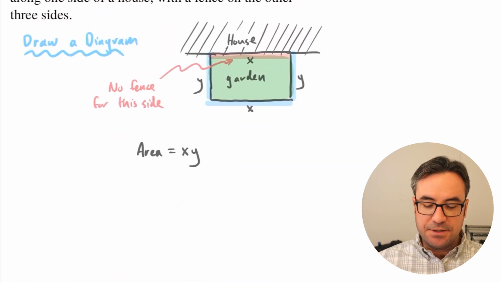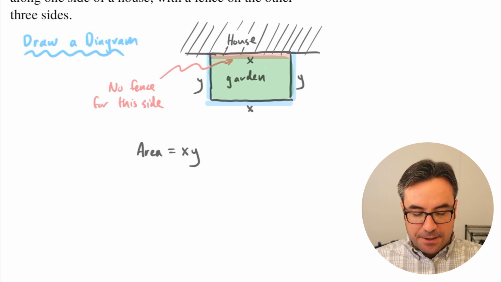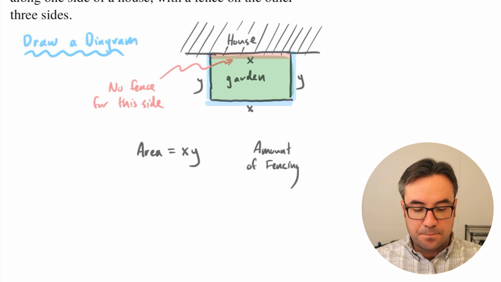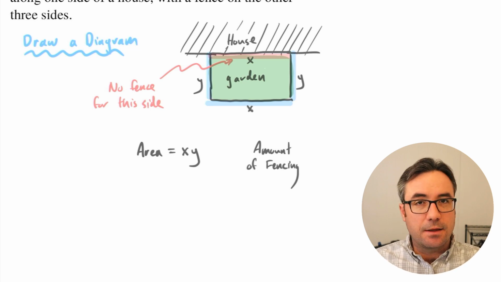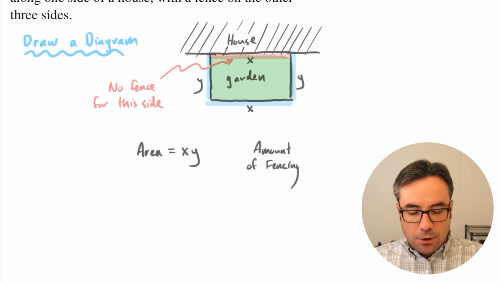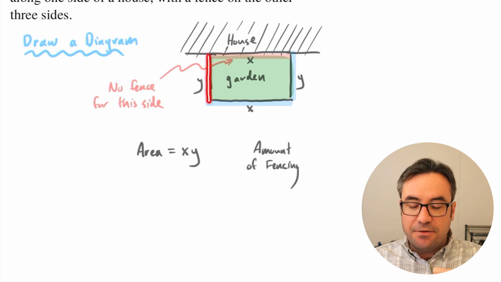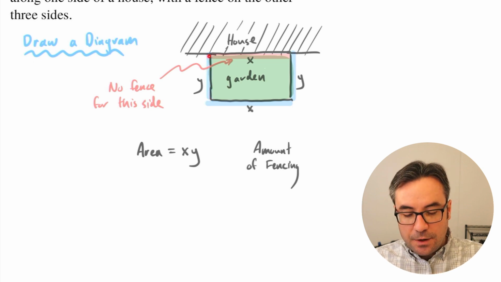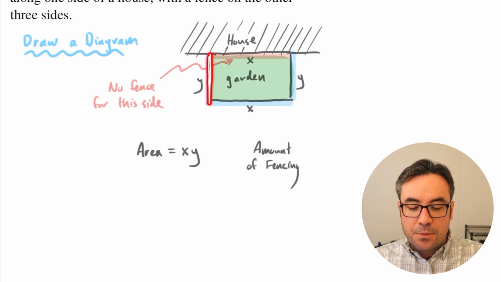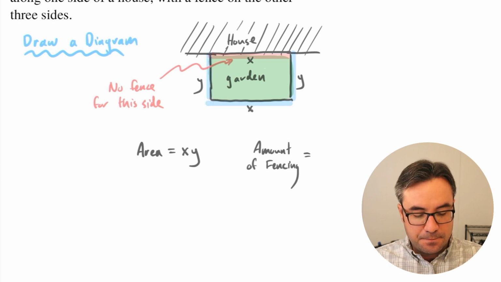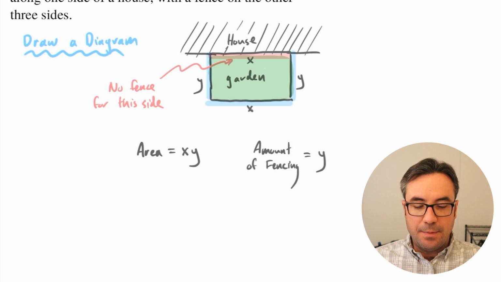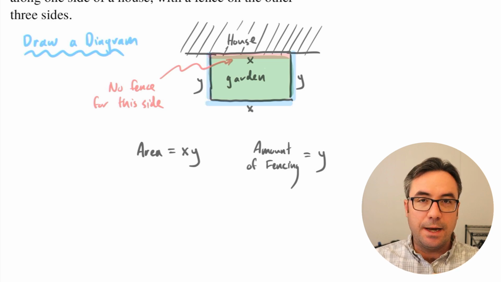And when we're looking at this, the amount of fencing, well, only 3 sides of this rectangle are going to get a fence. So this side is going to get a fence. And so if y is measuring the length, we're going to need y feet of fencing for that side. So the amount of fence for this side will be y.